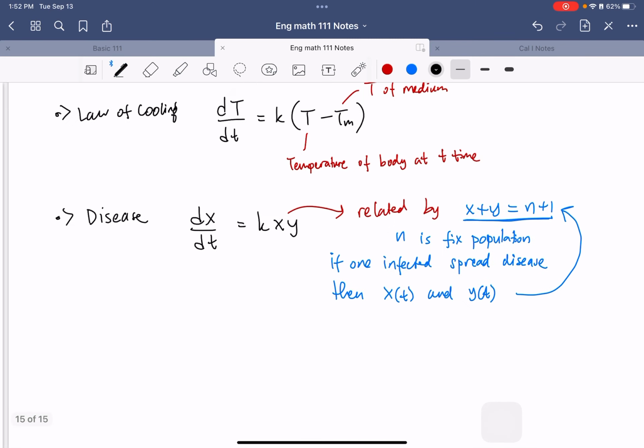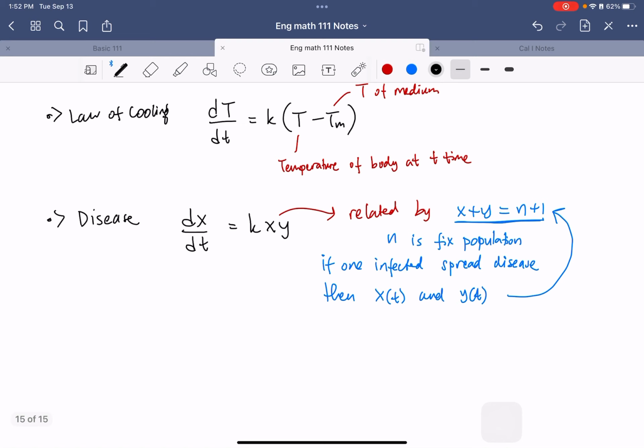And then we can write it in another way, according to this n for the population itself. We can write kx and then exchange y with n plus 1 minus x.